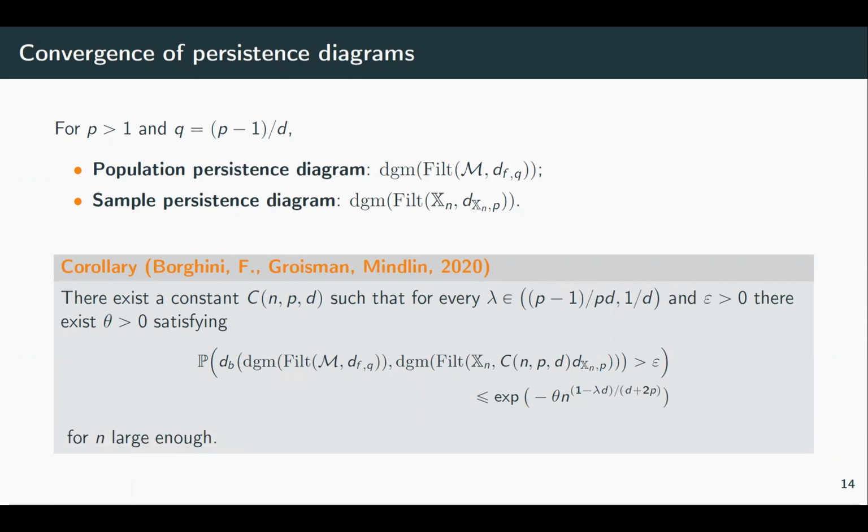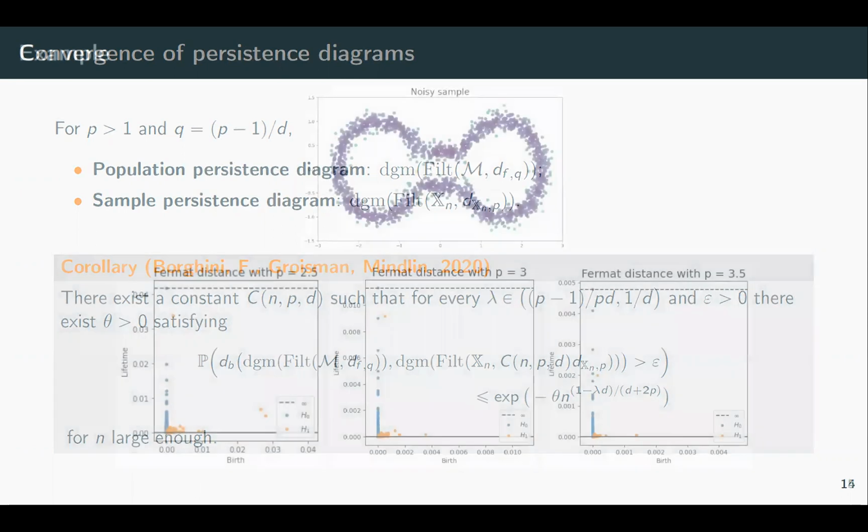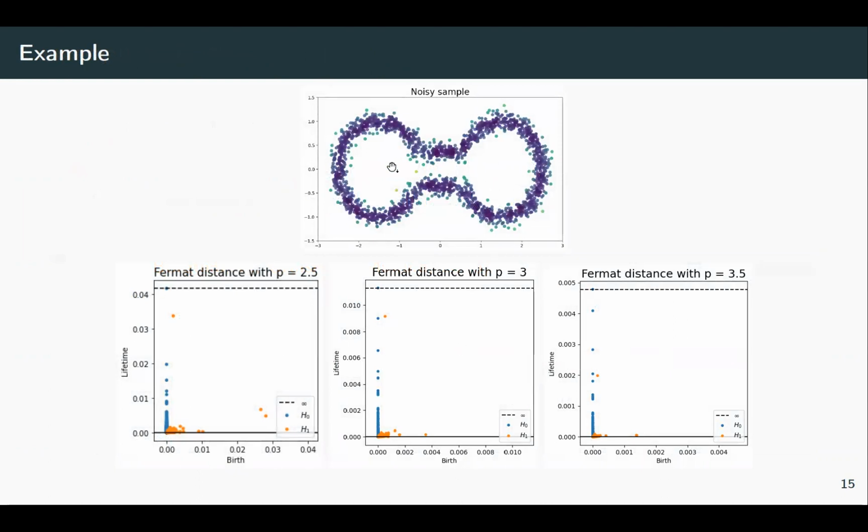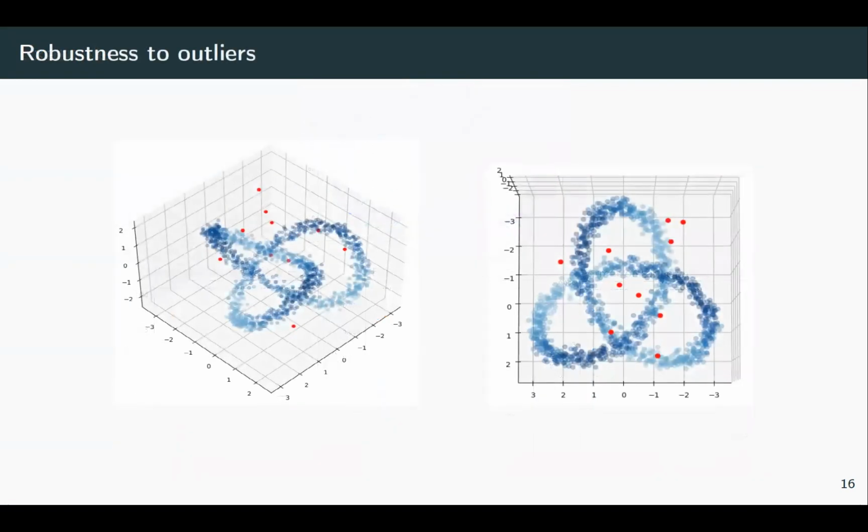Okay, this is perhaps too technical, but if you look at some examples, this was our original noisy sample, and if you compute the persistence diagram using this distance for different values of P, you can see that in each case you recover the single generator of the first homology group. And at the level of H1, you can see this effect of the points in areas of low density becoming outliers, okay? So let's try to understand a little bit more this topic of the outliers.